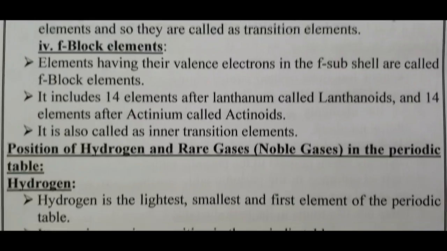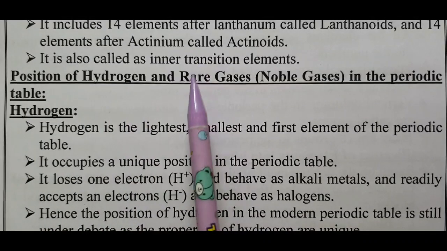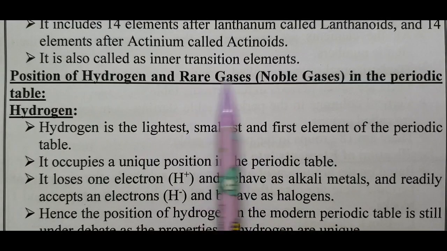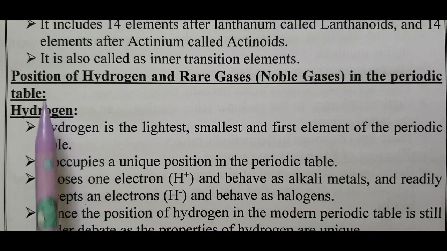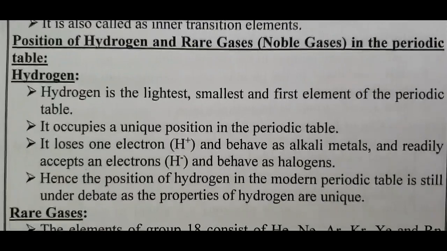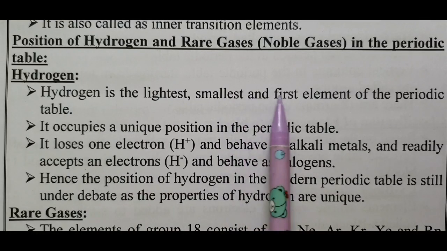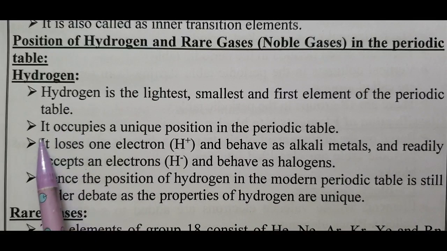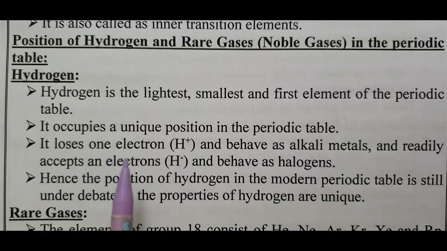And now we are going to discuss the position of hydrogen and rare gases, noble gases, inert gases, the 18th group elements in the periodic table. First, the position of hydrogen. Hydrogen is the lightest, smallest and first element of the periodic table. It occupies a unique position in the periodic table.